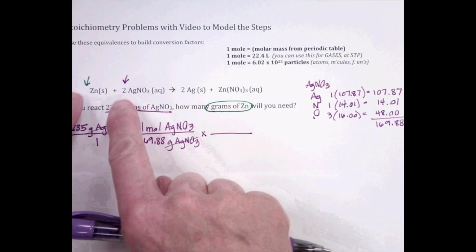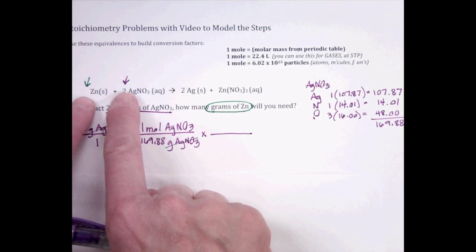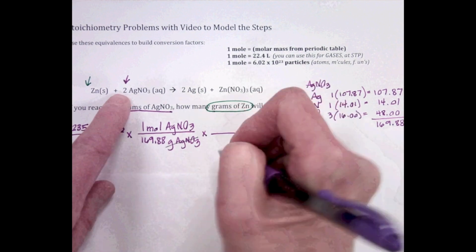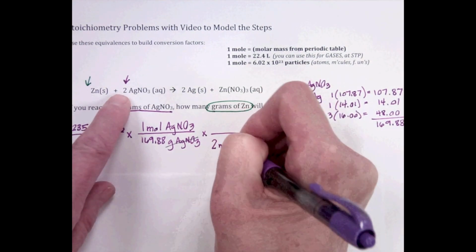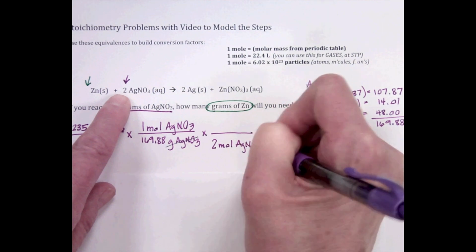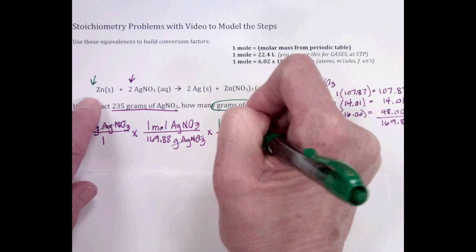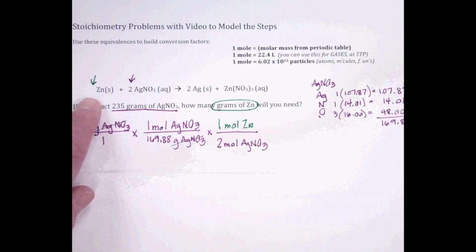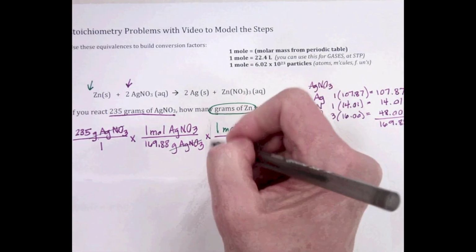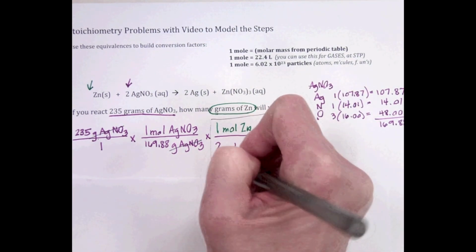So I look up here at the 2 quantities that I've marked with an arrow, and these 2 quantities tell me that in this reaction, 2 moles of silver nitrate are equivalent to 1 mole of zinc. This step that I just constructed is called the stoichiometry step, or the stoic step.